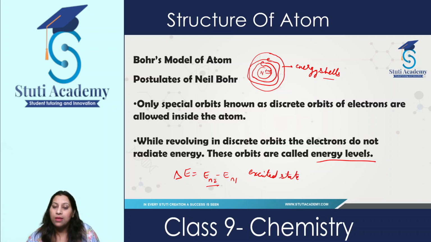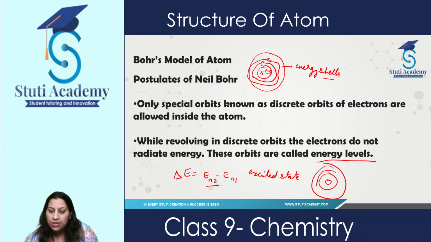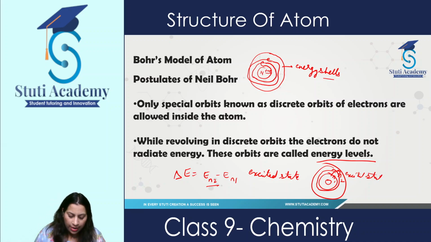So these are electrons; this is one energy shell and this is the second energy shell. If the electrons jump from a lower to a higher energy level, this state is known as the excited state, and in this state it absorbs energy.